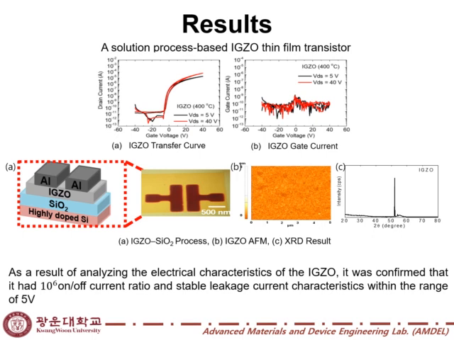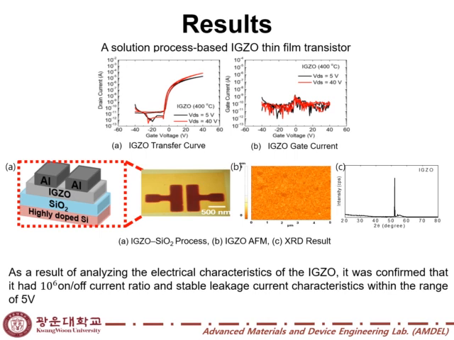Next, I will show you the results of the experiment. We manufactured IGGO-TFT based on solution process. A and B graphs in the following data show the transfer curve and gate current characteristics of IGGO thin film transistor based on a SiO2 insulating film manufactured using a solution process.